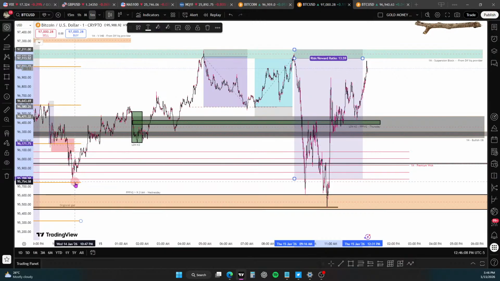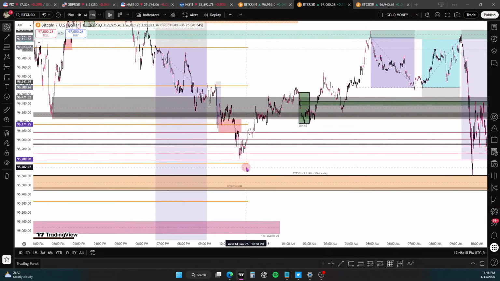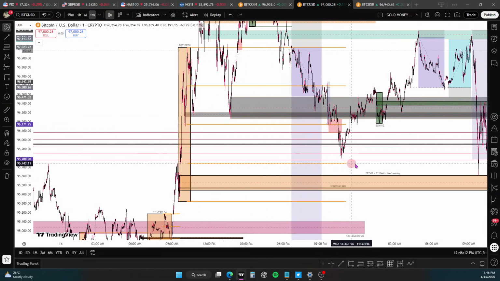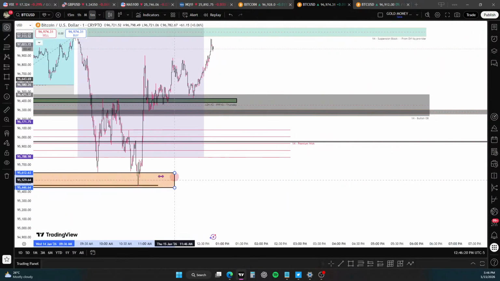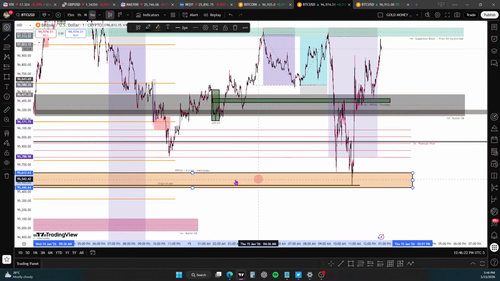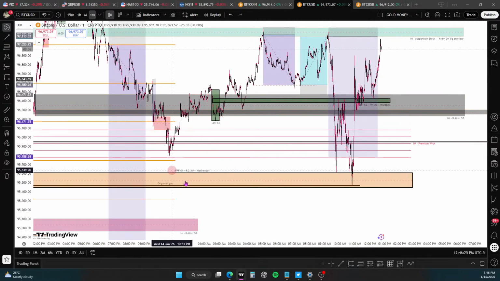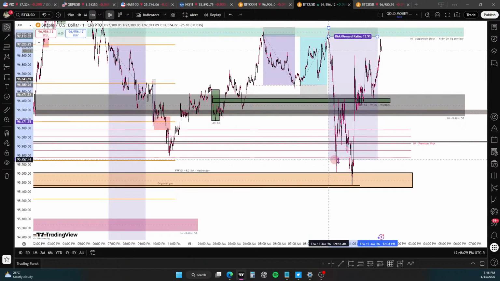You've got the equity range, the lower quadrant of the equity range, which is that gap to that line to that line, right? And then you've also got the first presented fair value gap of the equity open as your target. Say you only had that as your target.